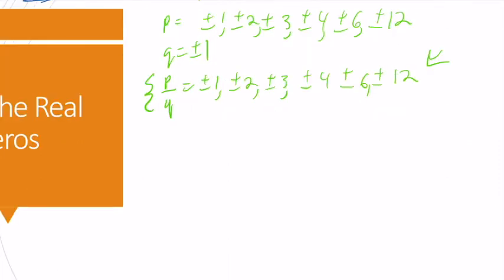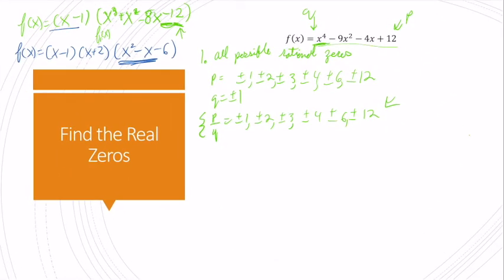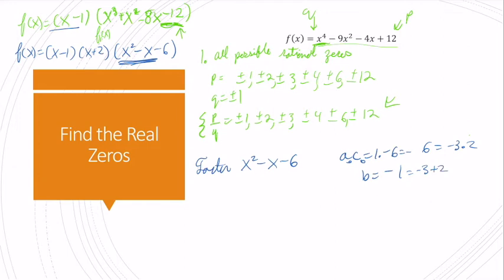I need to factor x squared minus x minus 6. So what are the factors of AC, which is 1 times negative 6, which is negative 6, that add up to B, which is negative 1? Well, that's going to be negative 3 times 2, because negative 3 plus 2 is negative 1. So this is going to factor to x minus 3 times x plus 2.